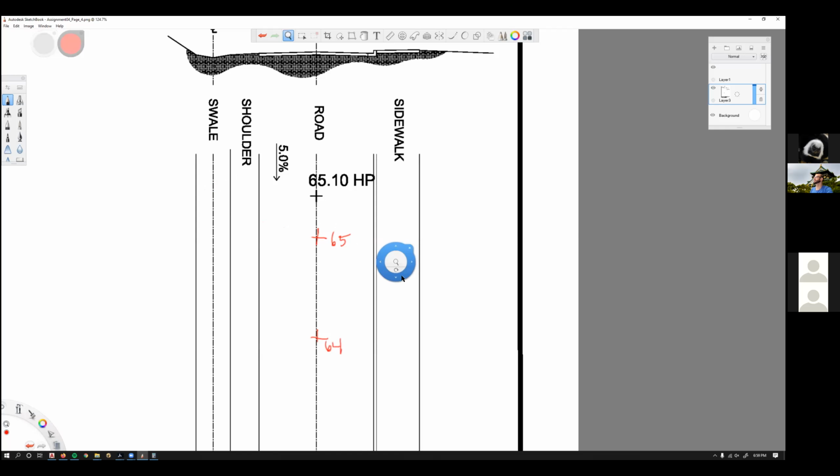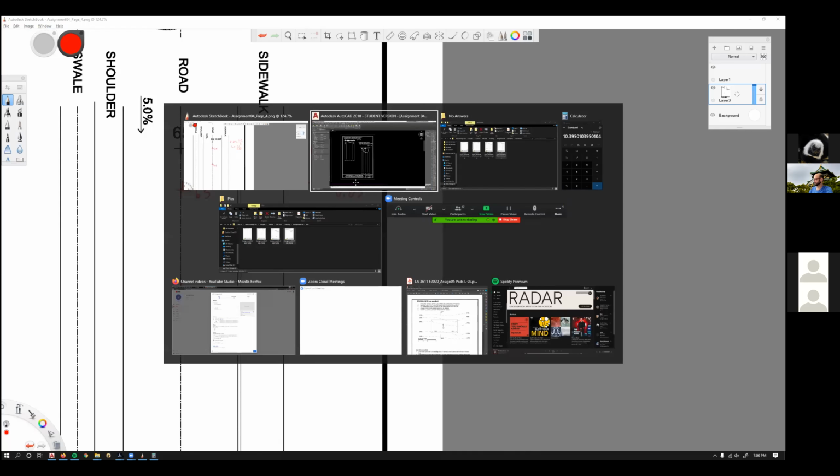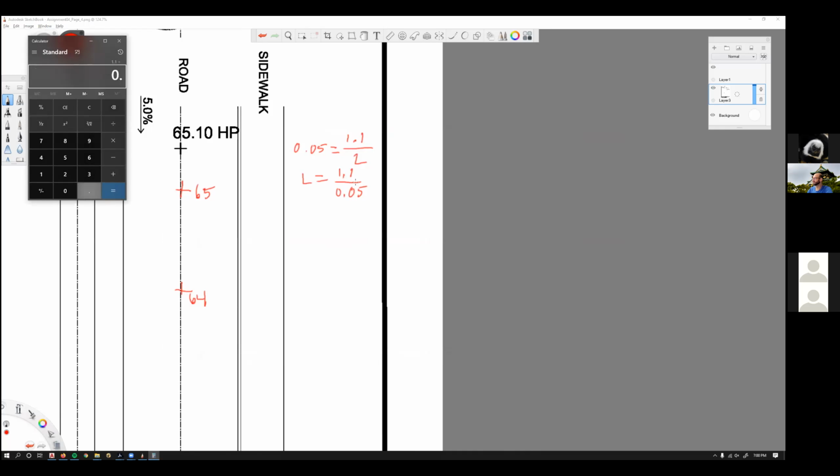All right. So in order to find where 64 is, we take our slope, 0.05. Our difference in elevation from 65.1 all the way down to 64 would be 1.1. And our L: 1.1 divided by 0.05 equals 22.